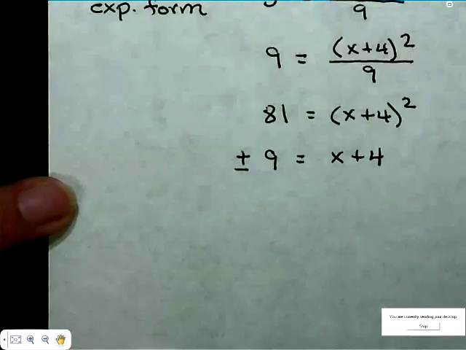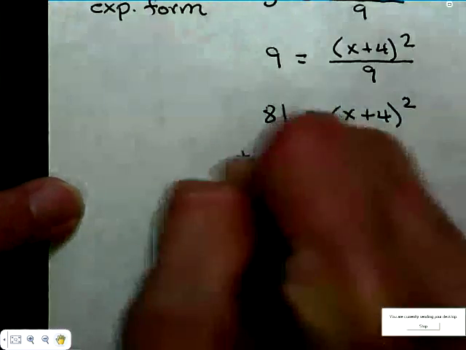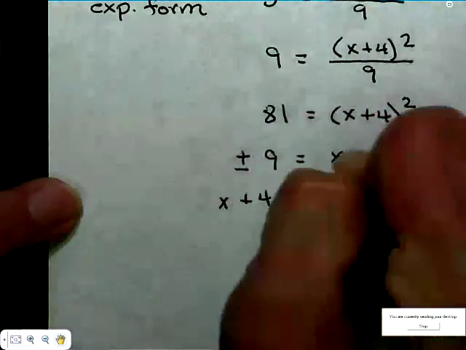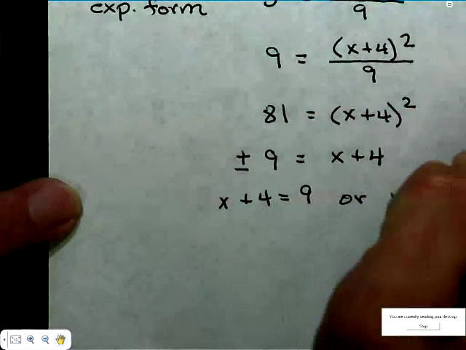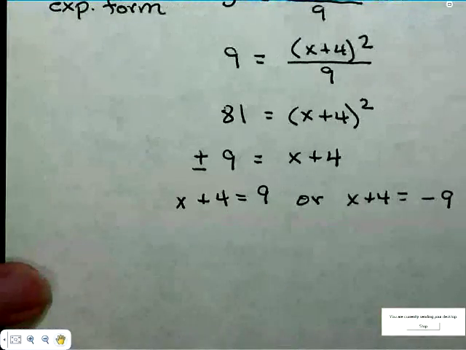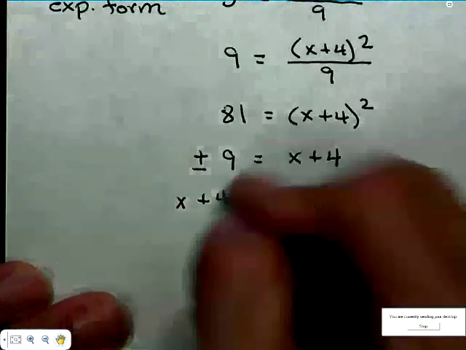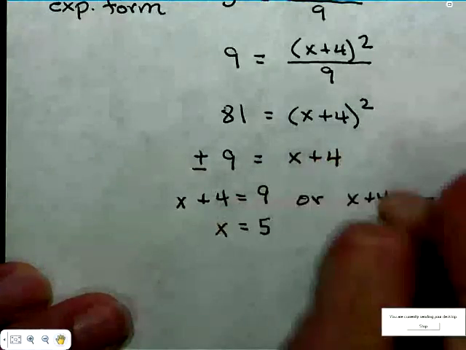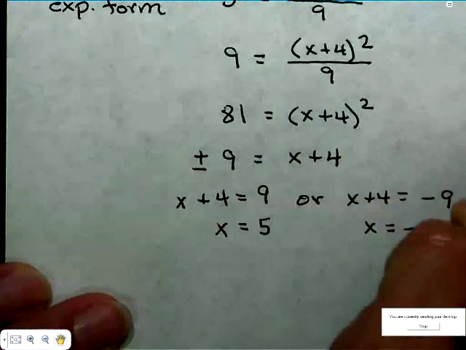And the easiest way to finish that is just separate the plus or minus. Either x plus 4 equals the positive 9 or x plus 4 equals the negative 9. So x equals 5 or x equals negative 13.